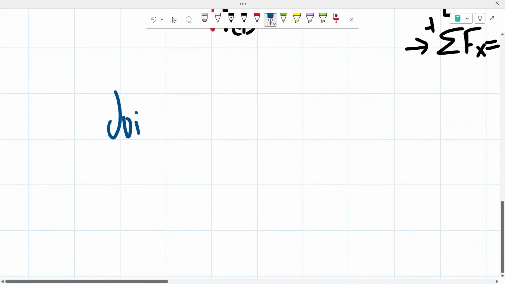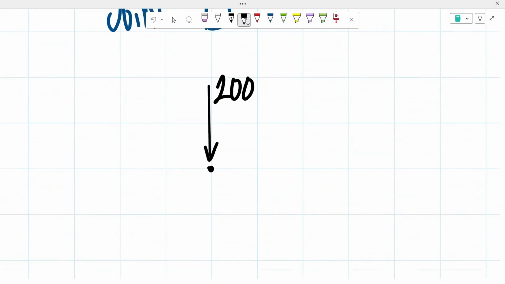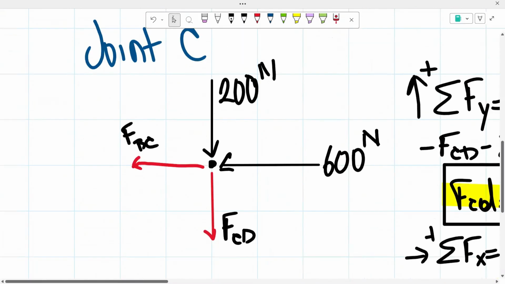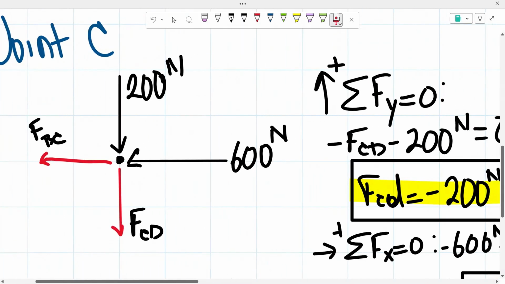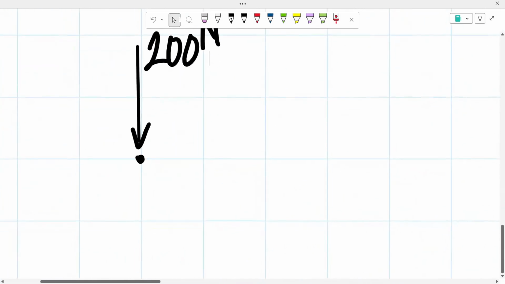So joint D. From joint D, we have the 200 newtons, because remember, it's this bar right here. We determined that the force of the bar CD is in compression at 200 newtons. So that means it's going to be going towards that joint.